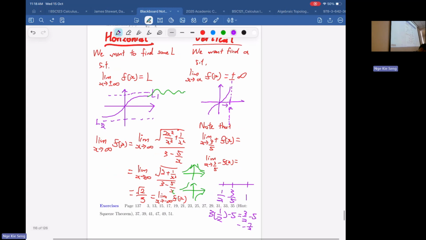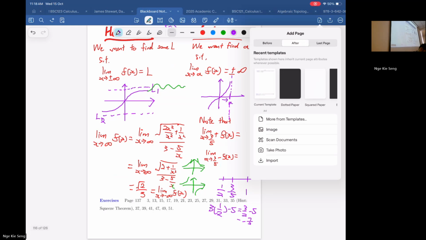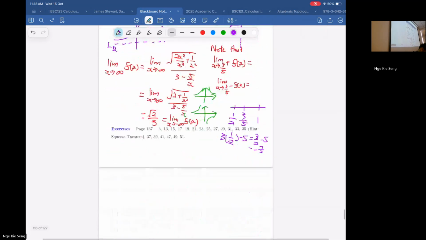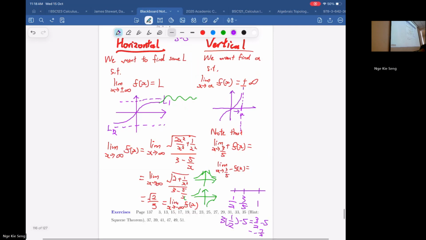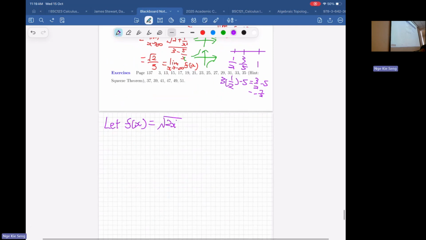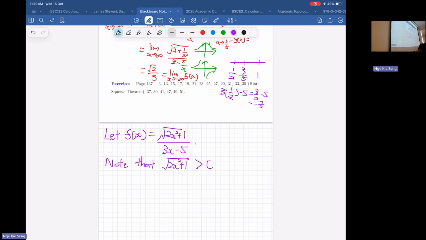Let me write down something here, step by step: 1 over 3x minus 5. Note that the square root of 2x squared plus 1 is always greater than 0. I don't think it will hit 0 because there's no negative 1 you can get from 2x squared.